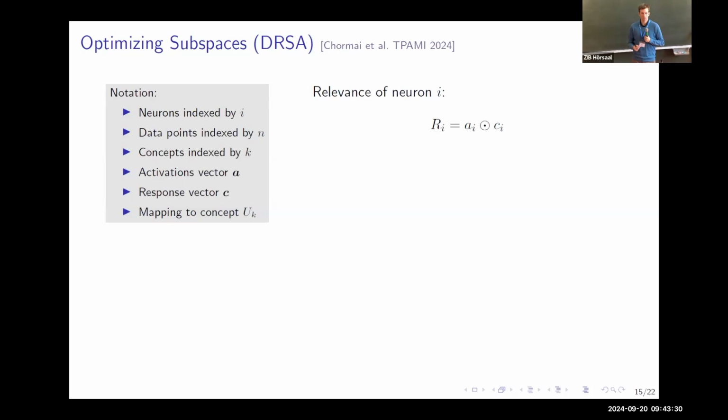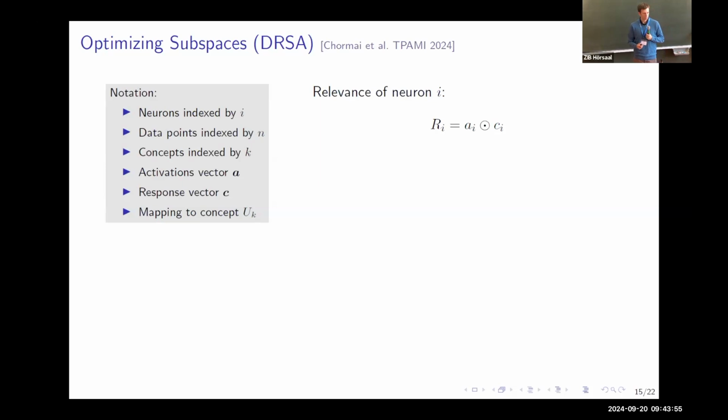If the neuron is activated, but the model is invariant or does not respond to it, again, it does not contribute. The only way for this neuron to contribute is if it is activated and the model responds to it. Okay. Now what we would like to find are basically not neurons that are relevant, but subspaces that are relevant.